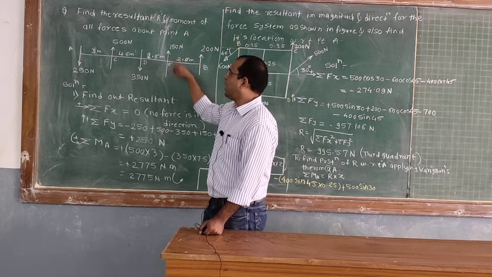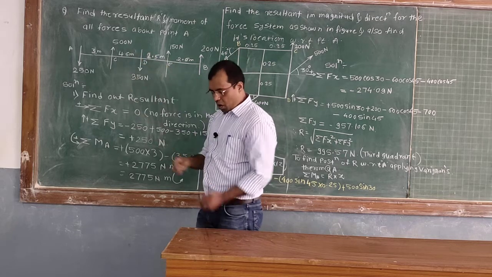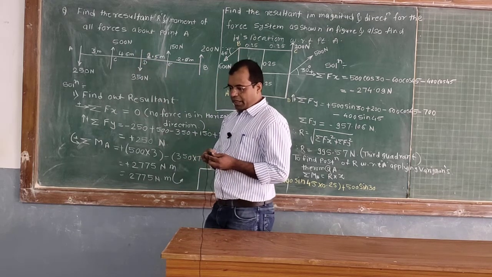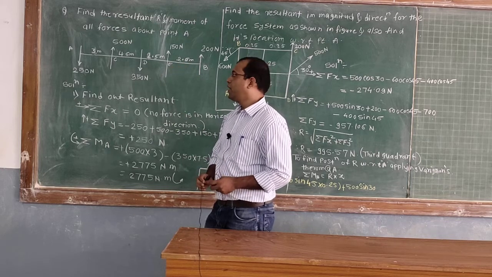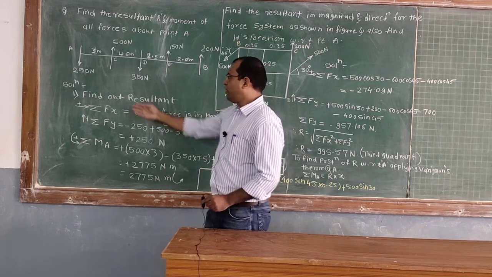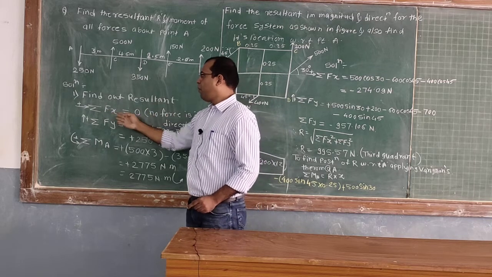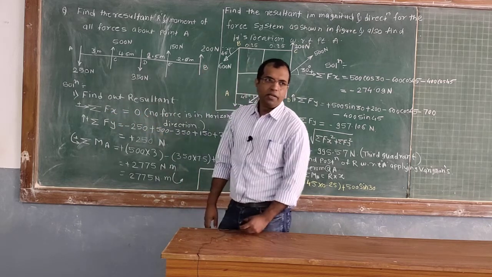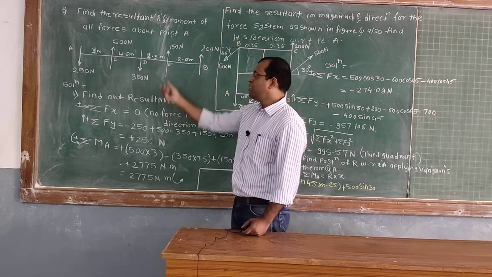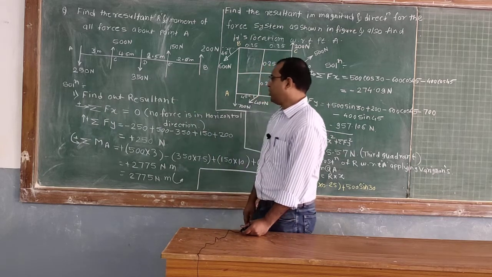All the forces are in the y direction, acting either vertically upward or downward. So to find the resultant, can we directly write summation of Fx equals 0? Yes, we can, because there is no force in the x direction.